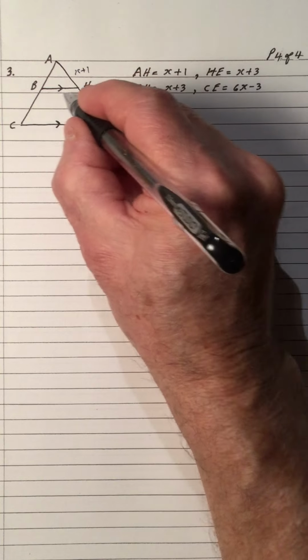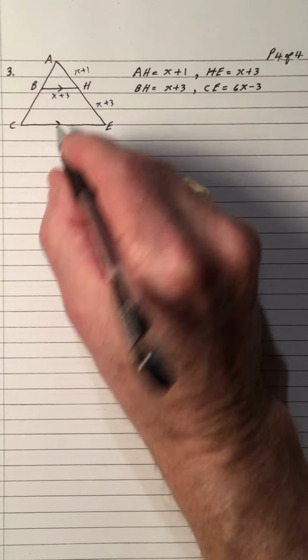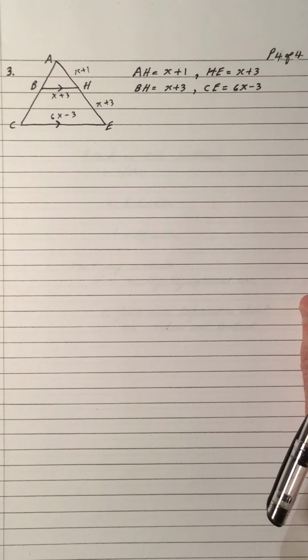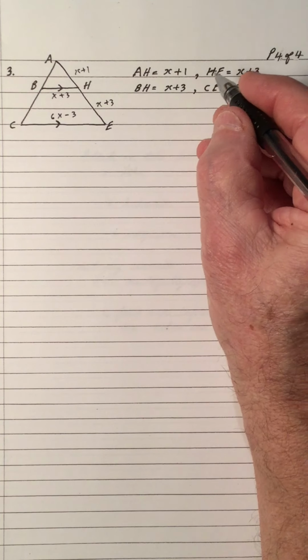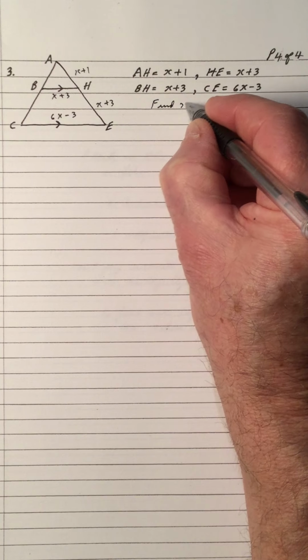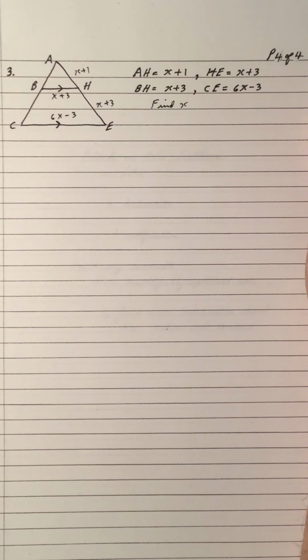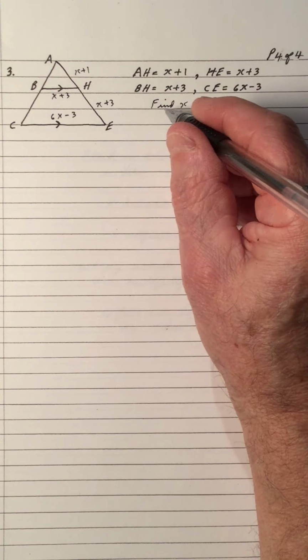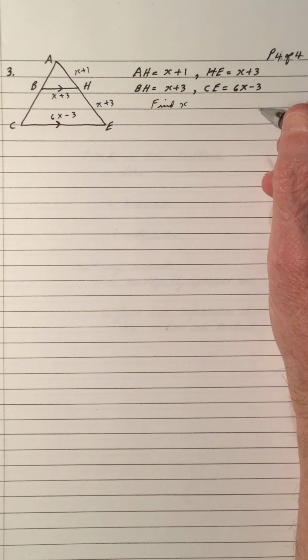And we have BH, which is x plus 3. We have CE, which is 6x minus 3. I forgot to say what I wanted to find: we're going to find what x is. So how do we do it?